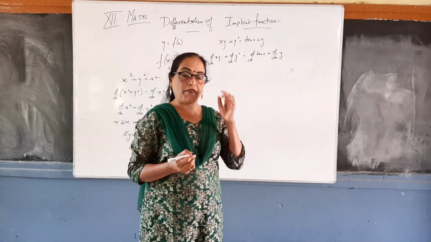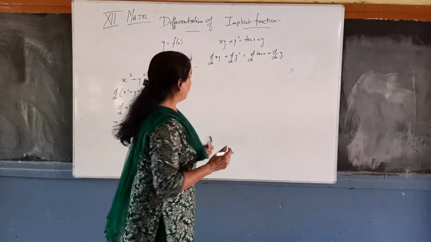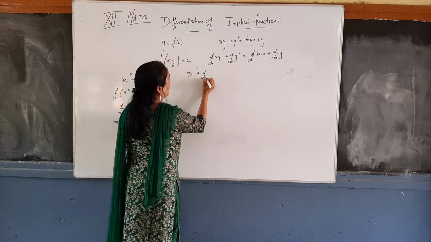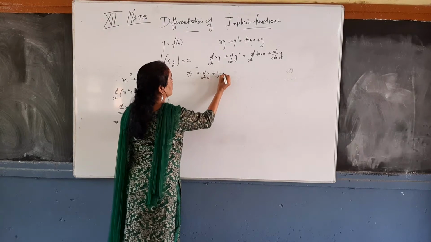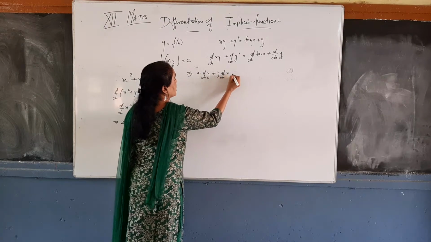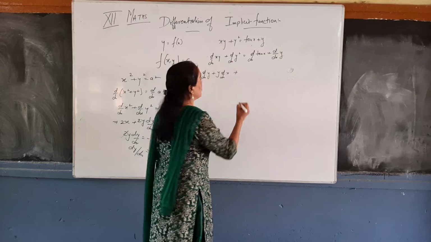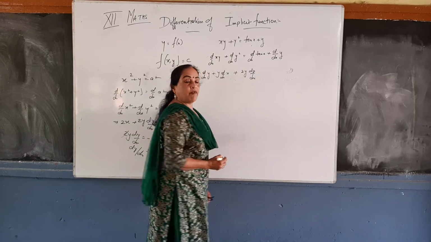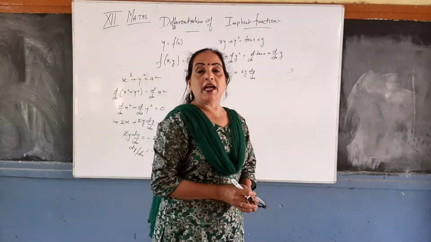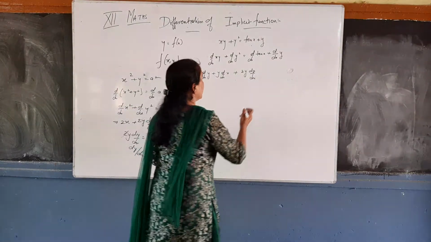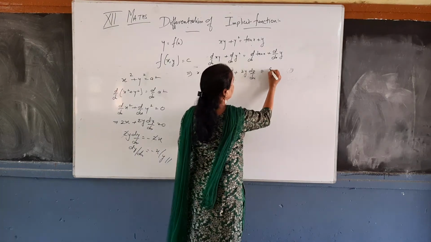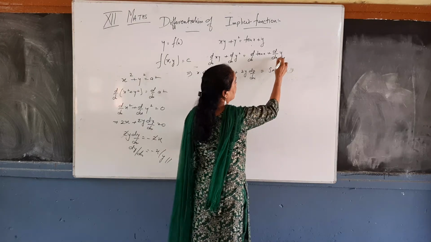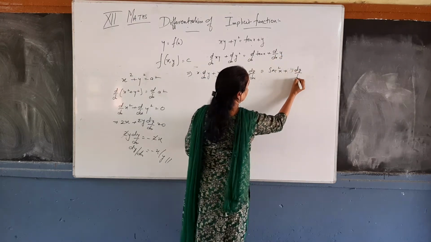So we will use the product formula, that is first function into differential of second plus second into differential of first. So we will get x into d by dx of y plus y into d by dx of x, plus the differential of y square will be 2y dy by dx, equal to d by dx of 10x, which is sec square x, plus d by dx of y will be dy by dx.